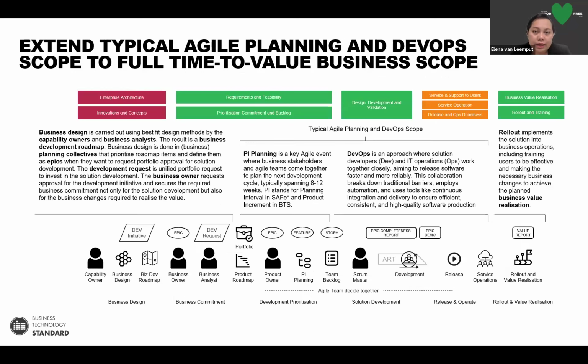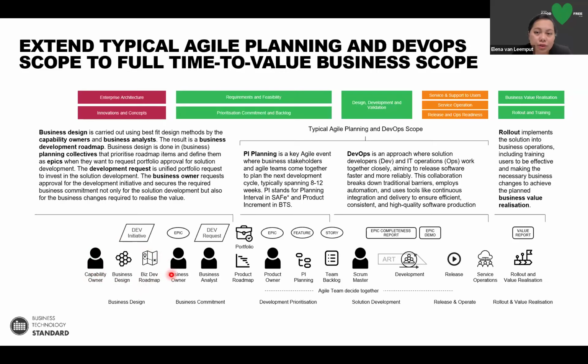And when I was talking about extending both directions, here's a good illustration to show how we extend Agile planning and the development scope in both directions. So the business capability owner, such as a global business process owner or a functional leader, does the business design with the help of a business analyst and technology people.